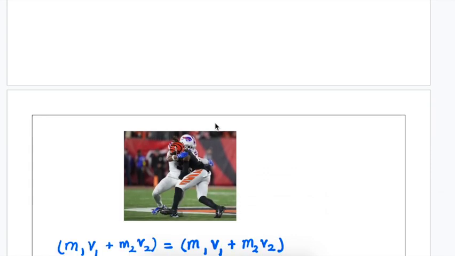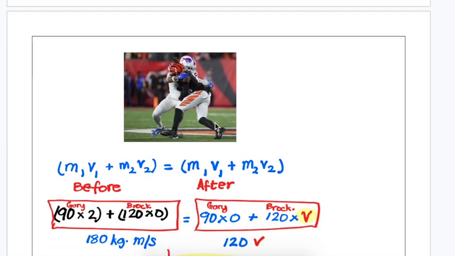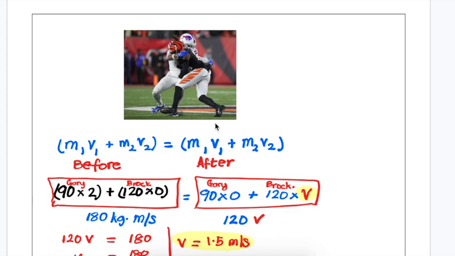It's just about plugging numbers here into the law of conservation of momentum. So one person was stationary, not moving. That is Brock. So we could think of this individual here being Brock, and Gary running towards Brock at 2 meters per second.